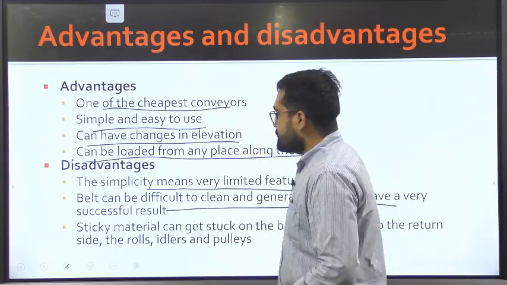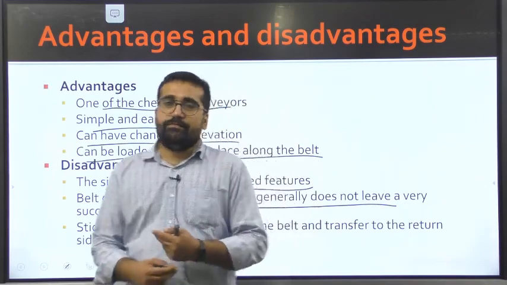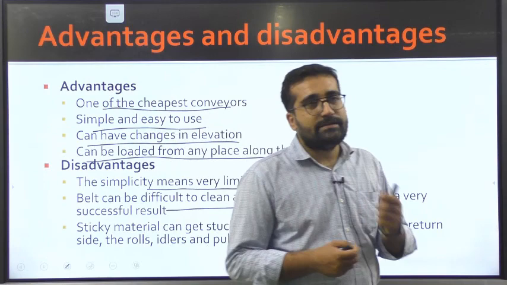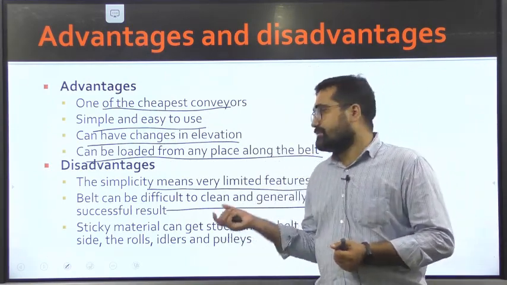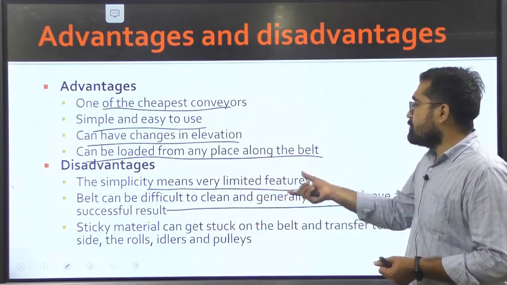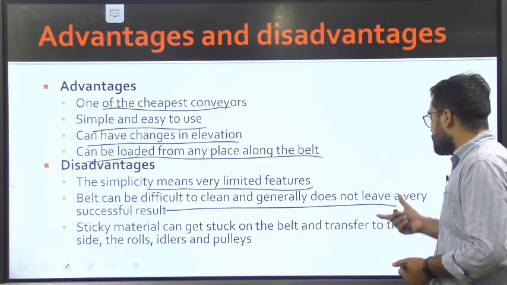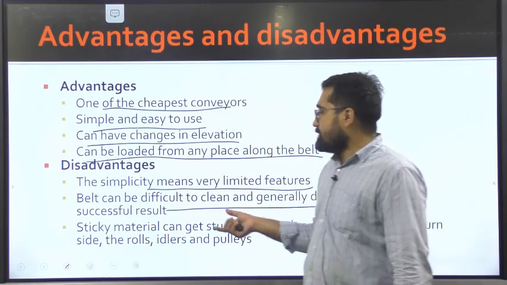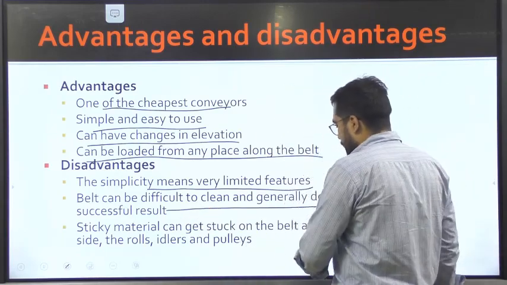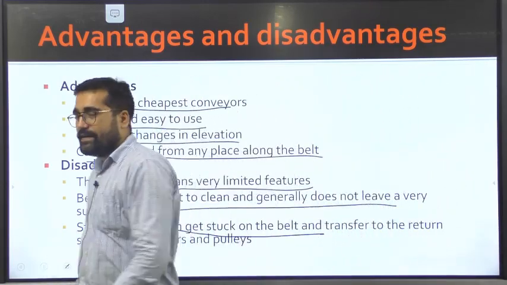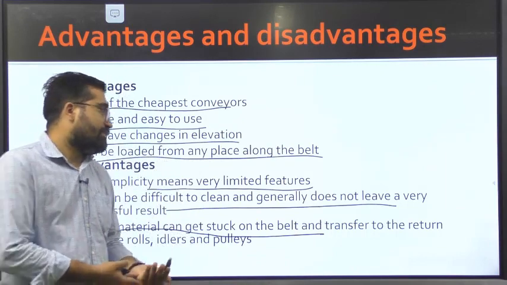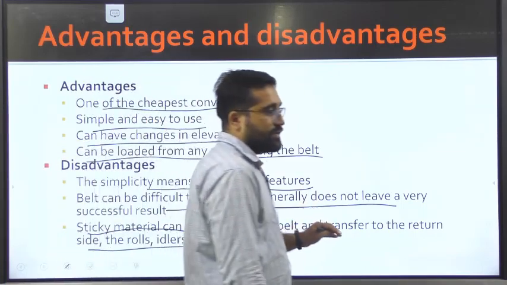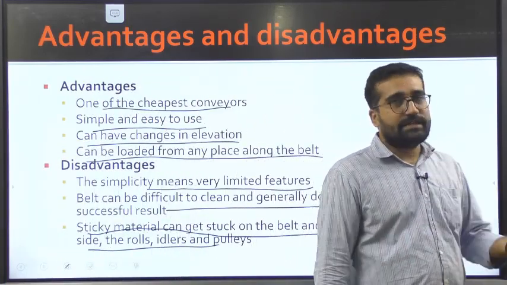Because the belt length is too much, there are some points we can't reach, so cleaning is very difficult and generally does not give a very successful result. Sticky material can also stick to the belt, and it can't be removed at the end. That is another problem in belt conveyor.